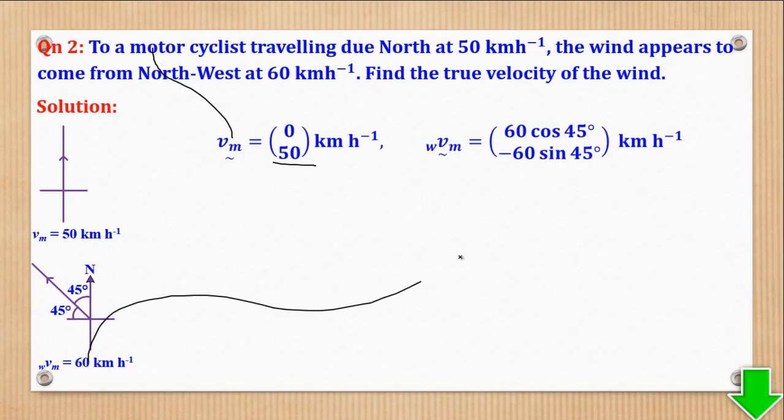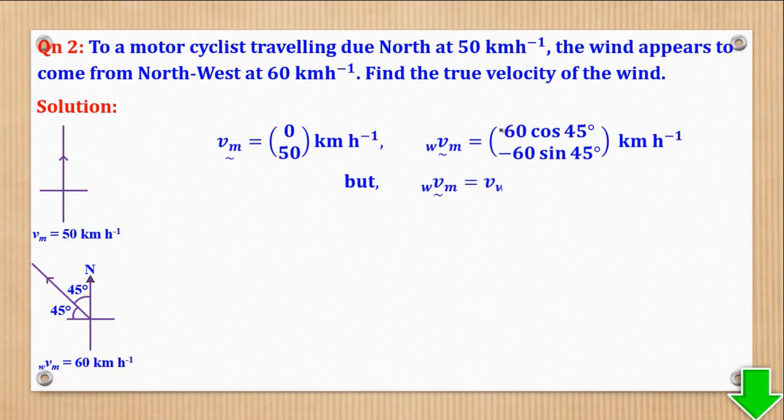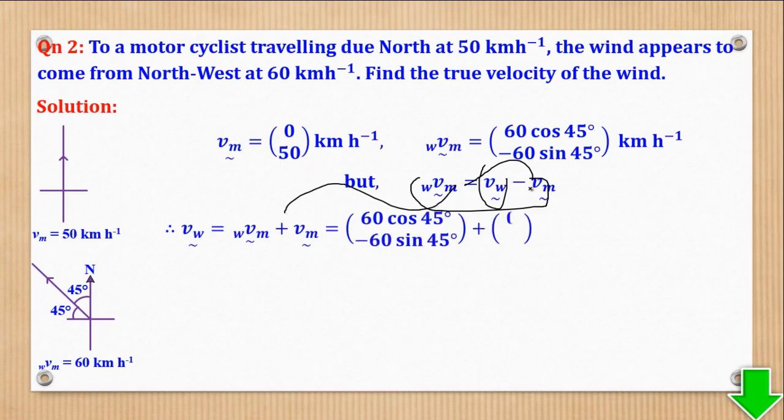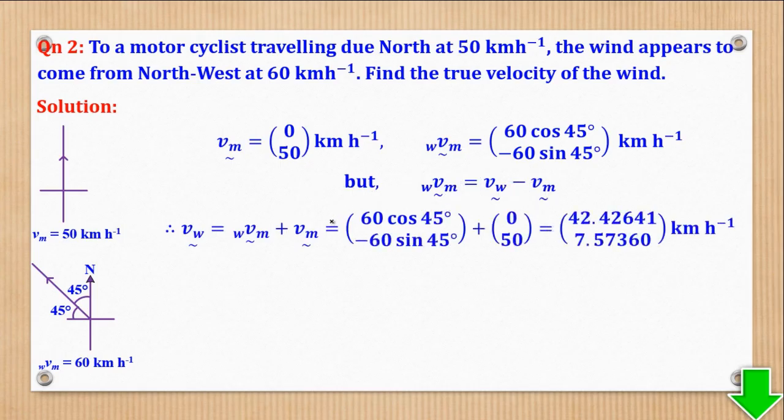The relative velocity is negative horizontal, positive vertical, which is here. Therefore I first get the formula for relative velocity, but I want to make VW the subject. So take this one to this side to come up with VW equal to this plus VM. So substitute for relative velocity and for VM to come up with these two to four decimal places.